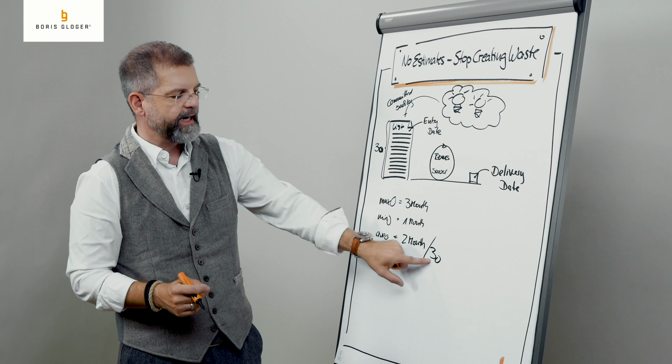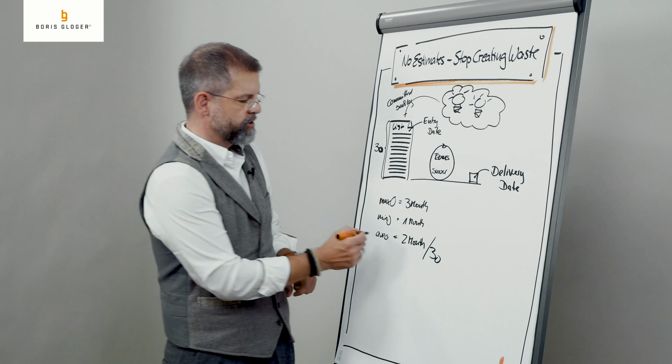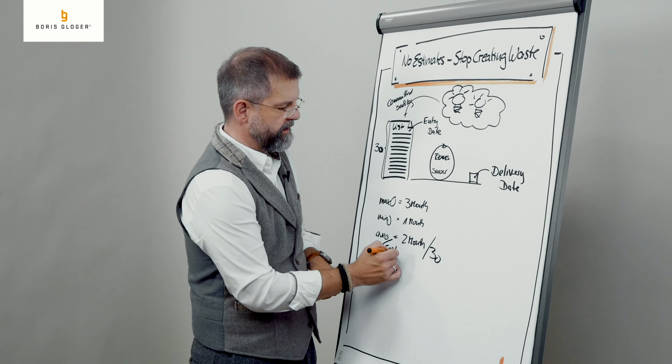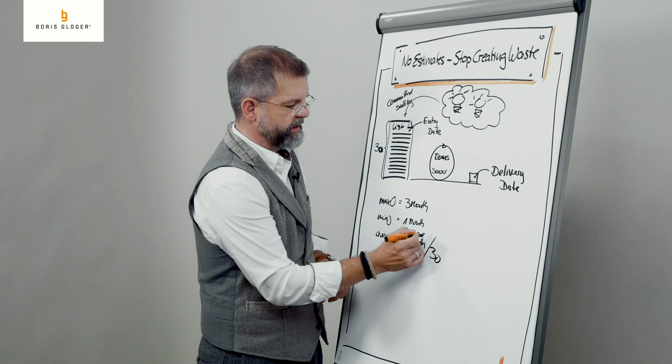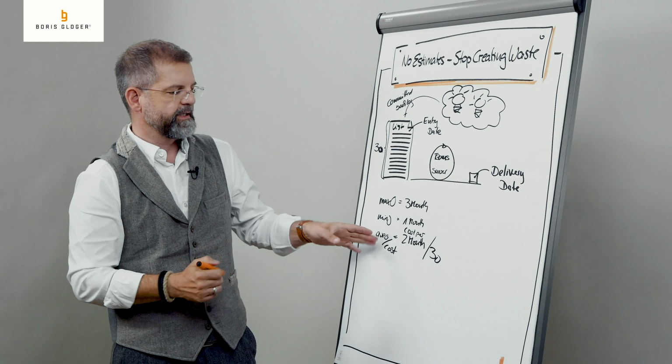So the average cost per item is the cost per 2 months divided by 30.